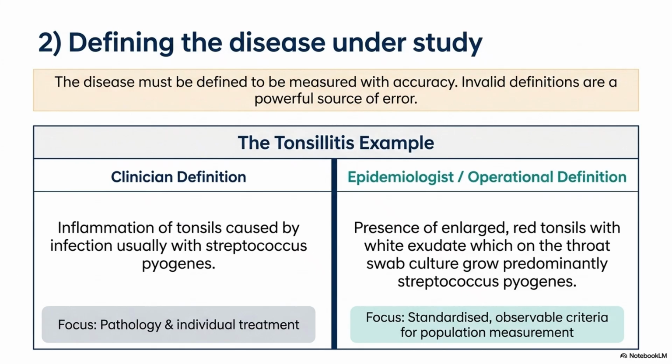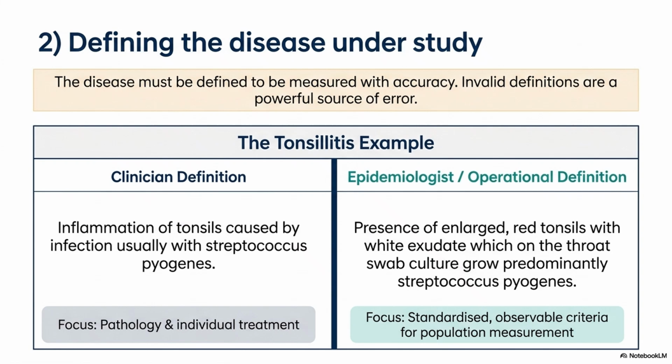To treat tonsillitis, a clinician can give a definition like inflammation of tonsils caused by infection, usually with Streptococcus pyogenes. Visually they can see and diagnose, and with the help of that they can treat. But this definition is not appropriate for categorization into diseased and non-diseased.